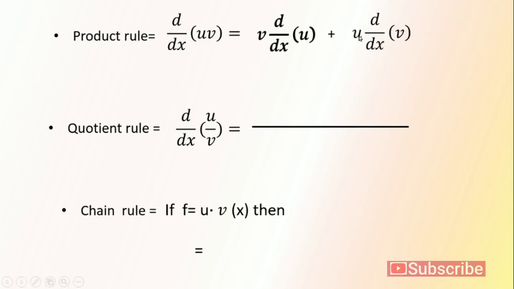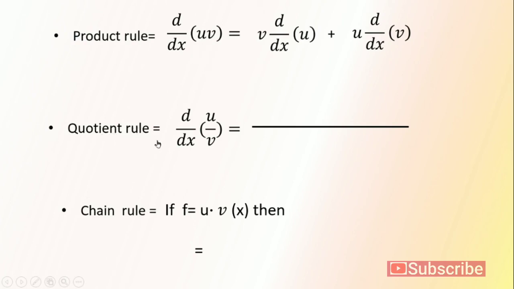Then plus u d by dx of v: here the first function is left and the second is differentiated, and then this plus sign. So this is how you can differentiate the product of two functions.